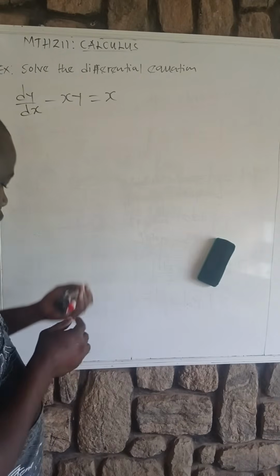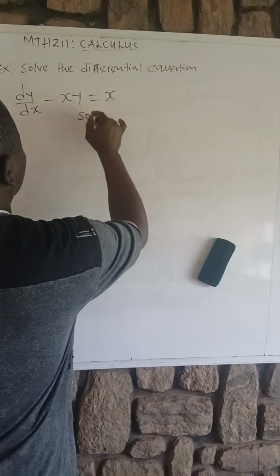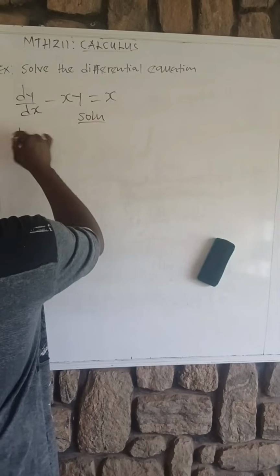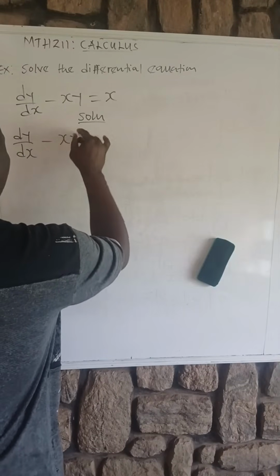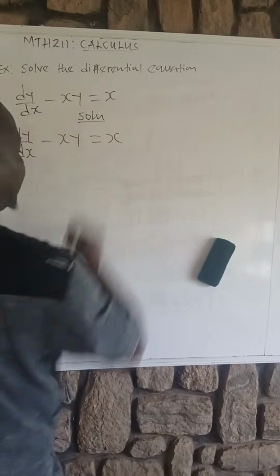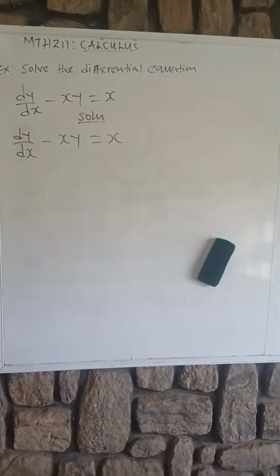Who can tell us what to do? Somebody should help us. Our dy all over dx minus xy equals x. Somebody should tell us what to do.